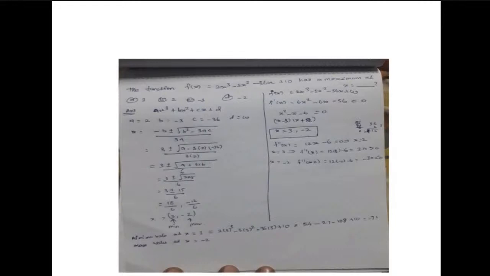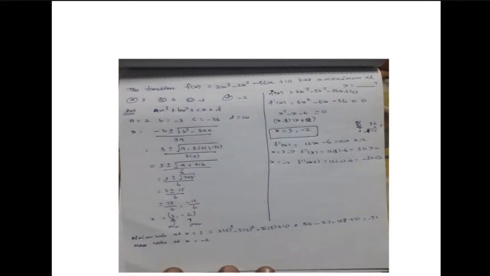In the normal procedure, f double dash of x is equal to 12x minus 6. Then we take the stationary values, x is equal to 3 and minus 2, and substitute them in f double dash of x.